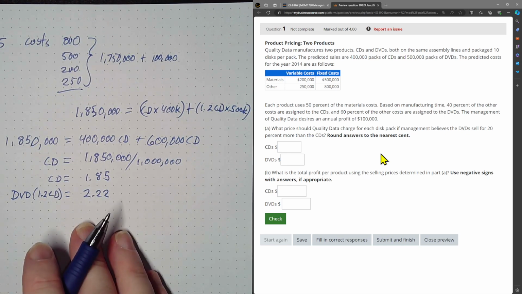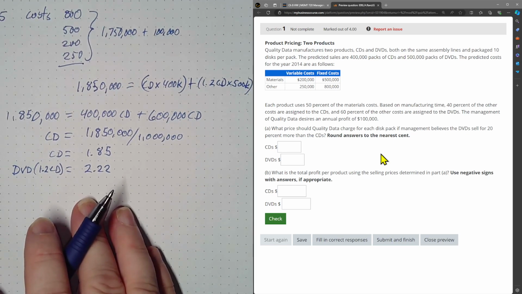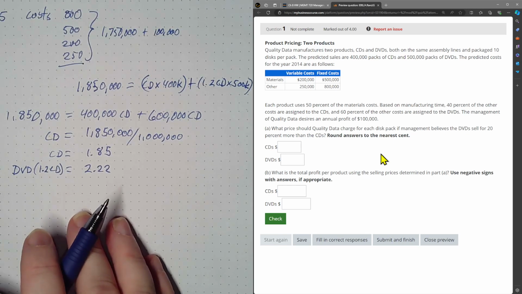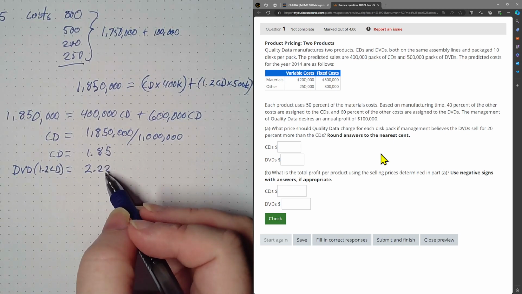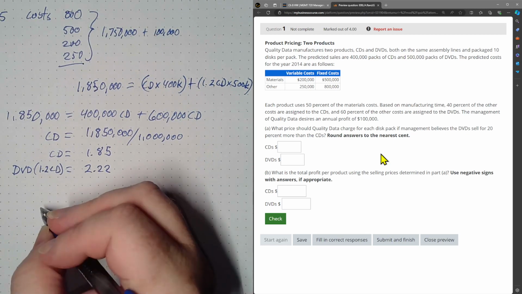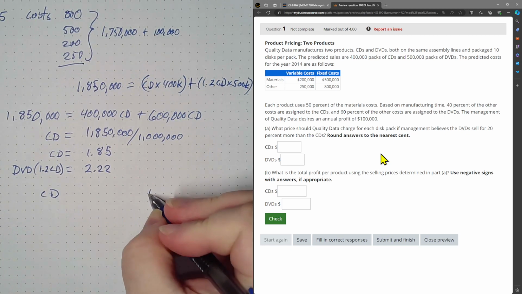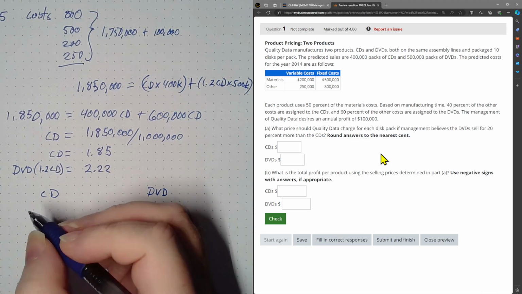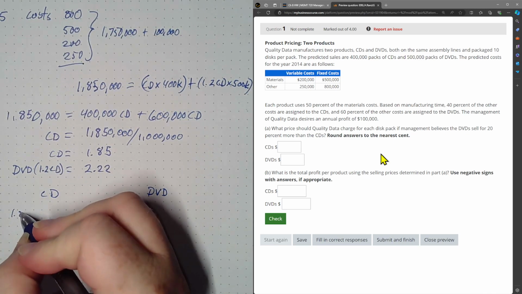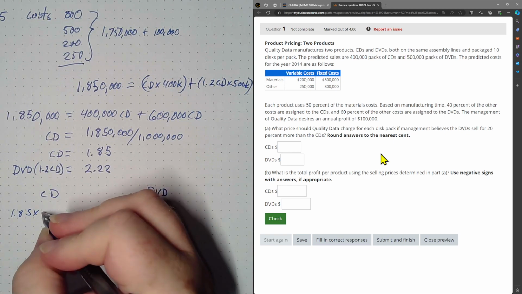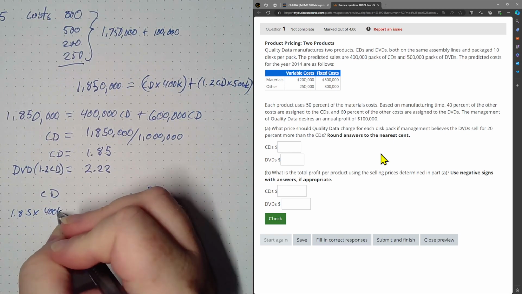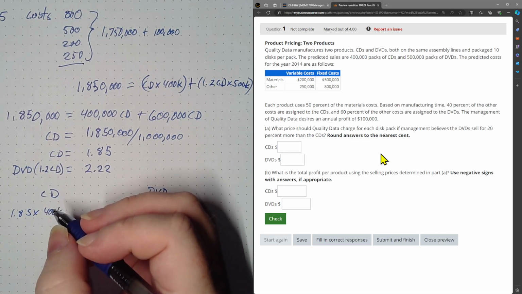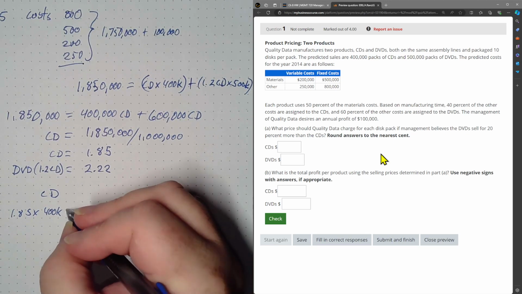Now it's asking us, what is the total profit per product using the selling prices? So if we're using these two, we can figure these out side by side, CDs and DVDs. What is the sales amount? The sales amount is going to be $1.85 times 400,000 of these, and that's going to be $740,000.